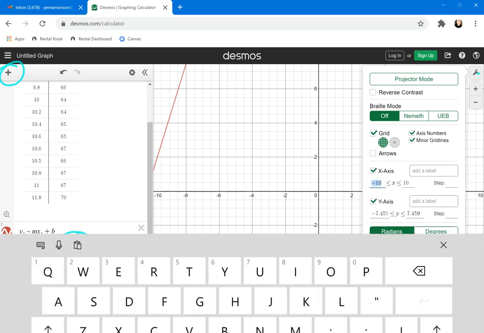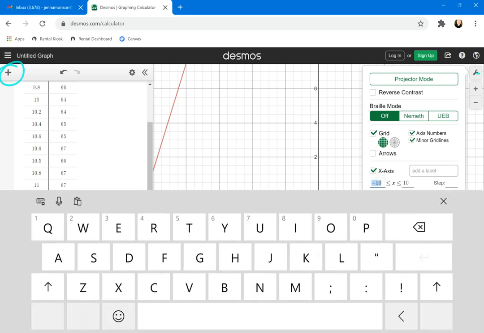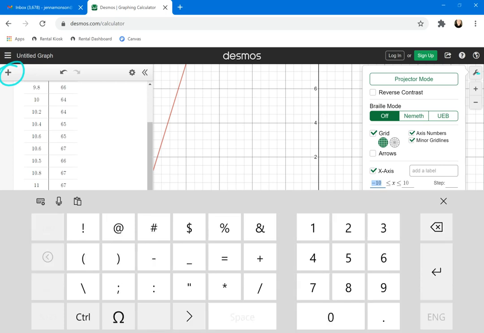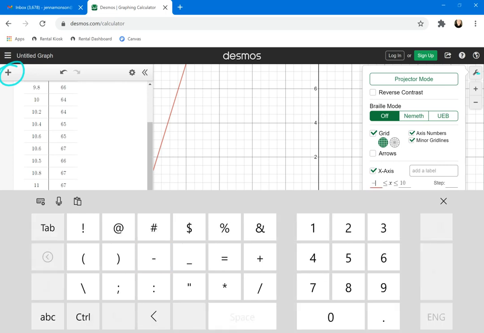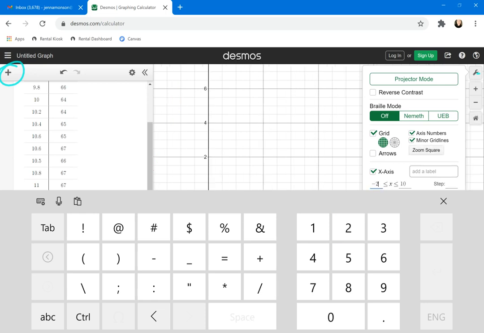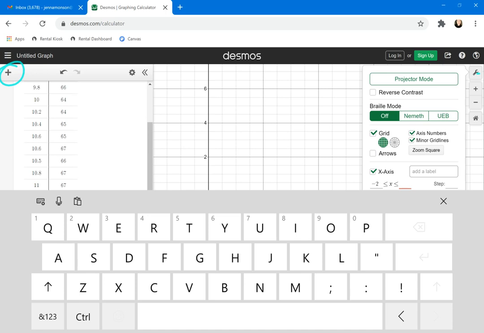I'm going to change this so we can actually see our data. The range for the x variable, the shoe length, is about 8 to 12 maybe. I like seeing the axes with the graphs, so I'm just going to do -2 up to 15.